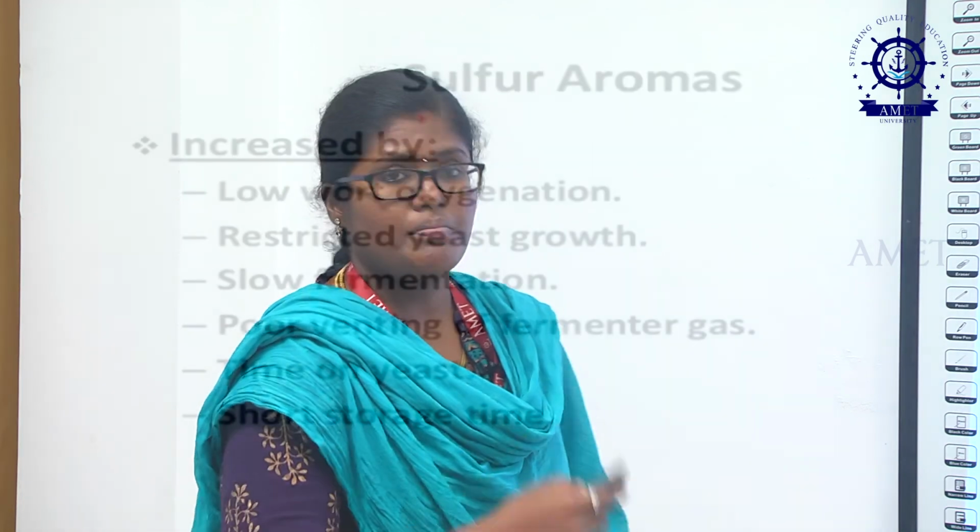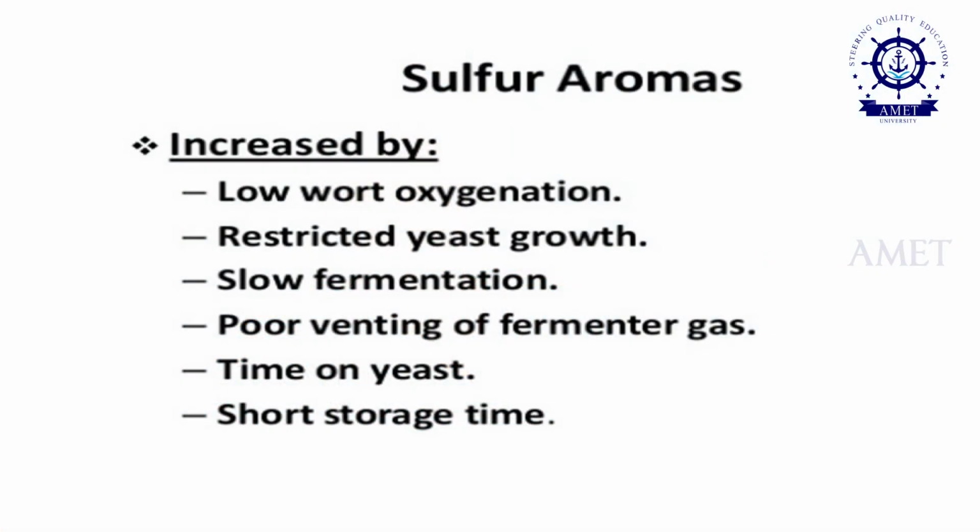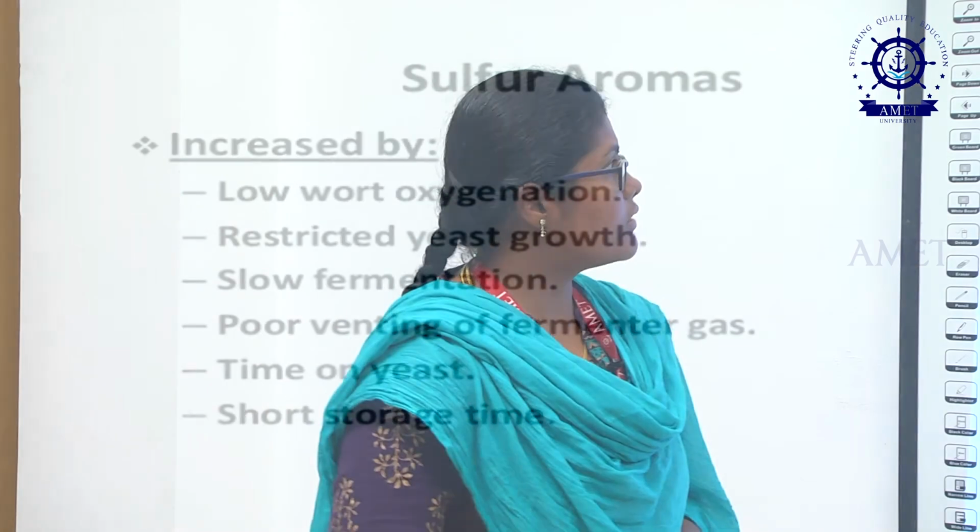It should be removed. If it is not removed, it slows the fermentation process, and it gives poor venting of fermentation gas. The sulfur aromas also correspond to unnatural flavors produced by the yeast.